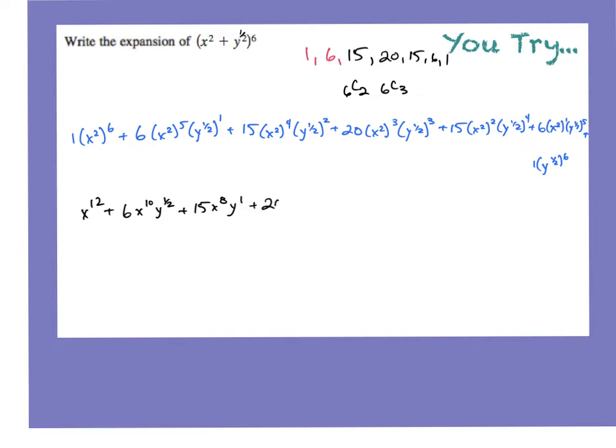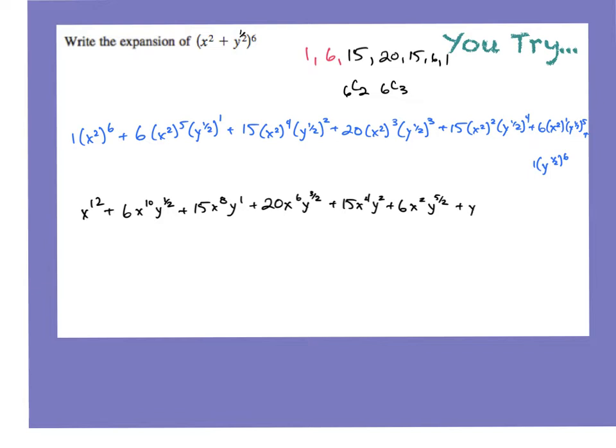And then I have 20, x to the power of 6, y to the power of 3/2. And then plus 15, x to the power of 4, y to the power of 2. And then plus 6x to the power of 2, y to the power of 5 halves.